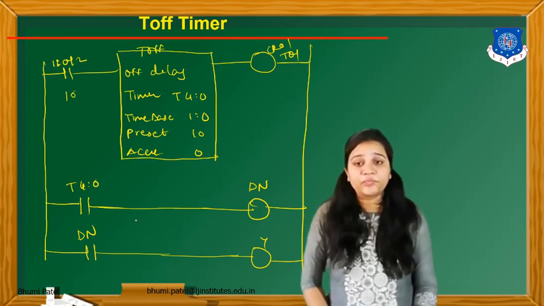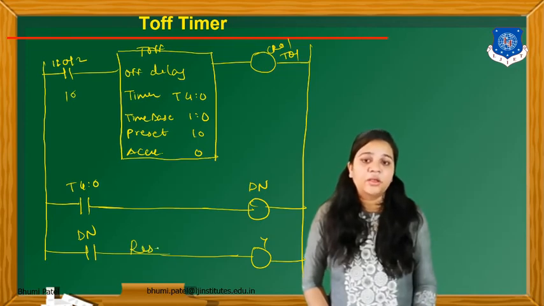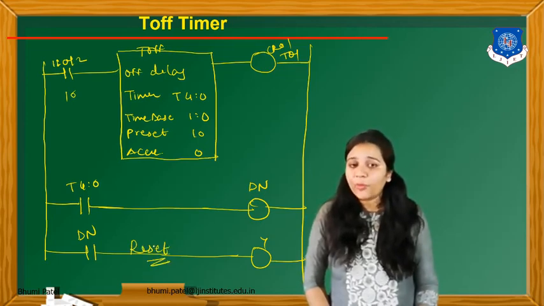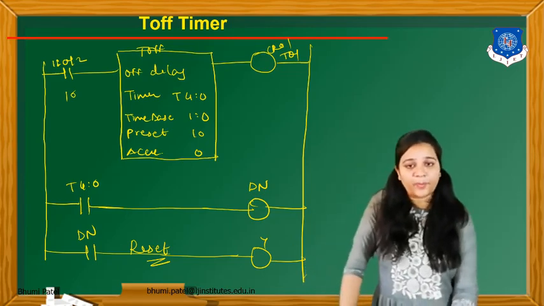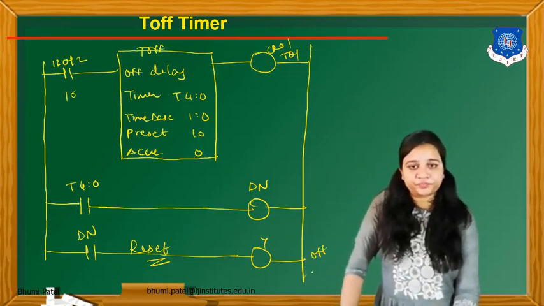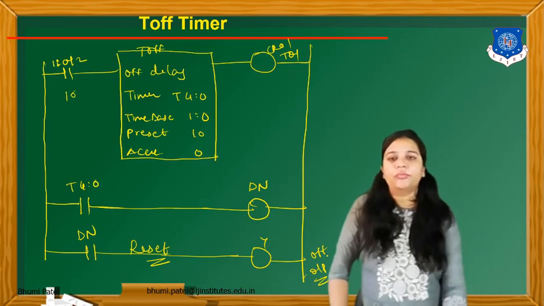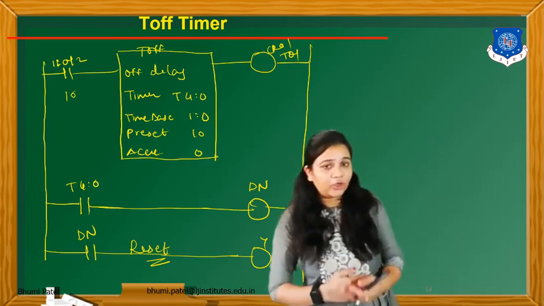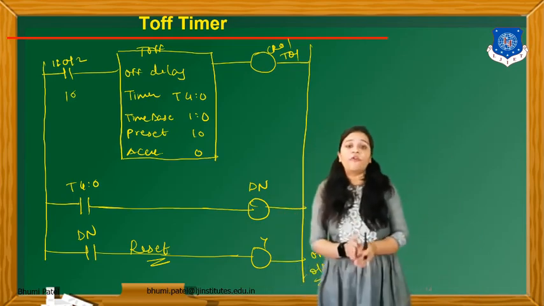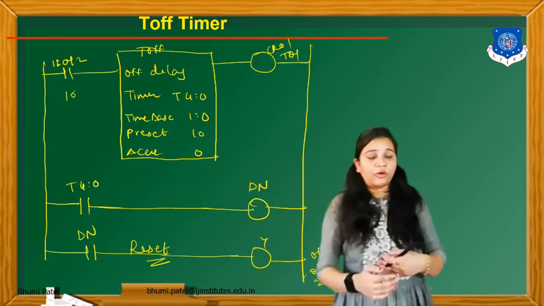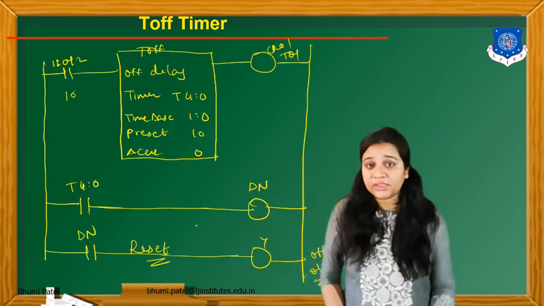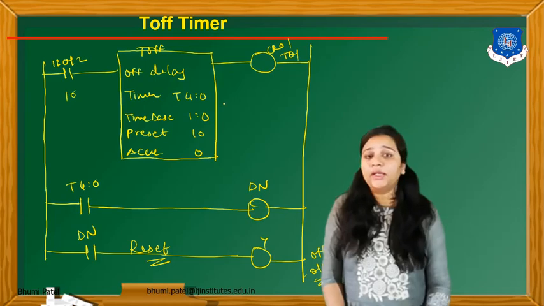But what is the difference between T on and T off timer? In the T on timer, they will set the output. In the T off timer, they will reset the output. That means they will turn off the output terminal. So in a particular application, if we want to turn off or close some devices after some time, we can connect the T off timer.